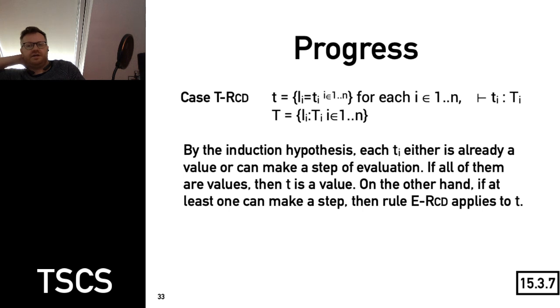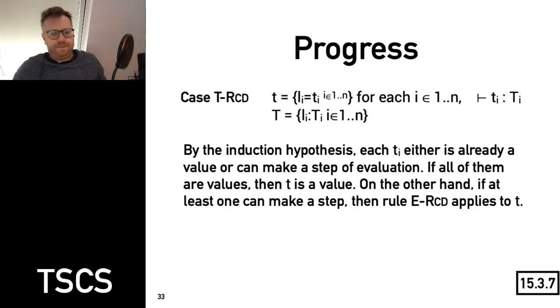And then for each i, you can establish that all parts of the record are already well typed, Ti as big Ti, and T is then like a record of these types. So this is straightforward. Record definition, nothing new.